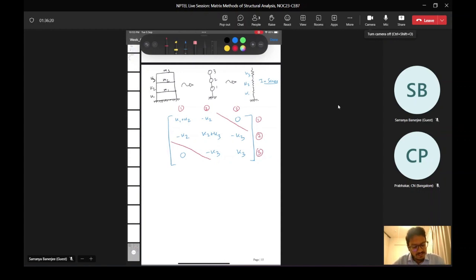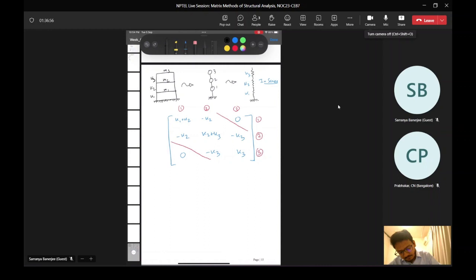It signifies that there is no effect of any change in 1 on 3, and no effect of any change in 3 on 1. You understand that there is no connection between 1 and 3. If 1 and 3 do not interact with each other, these interacting terms are always 0.